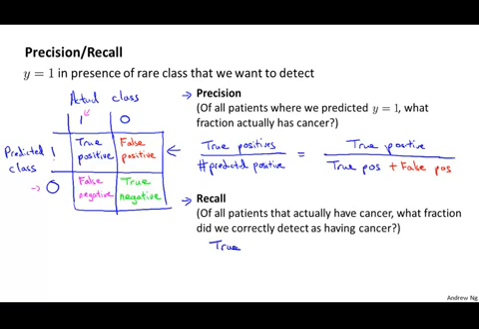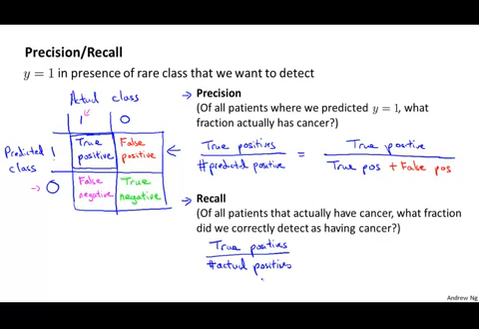Recall is defined as the number of true positives, meaning the number of people that have cancer and that we correctly predicted have cancer, divided by the number of actual positives. Of all the people that do have cancer, what fraction did we correctly flag and send for treatment?